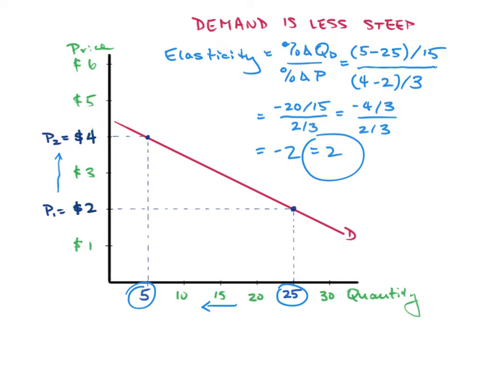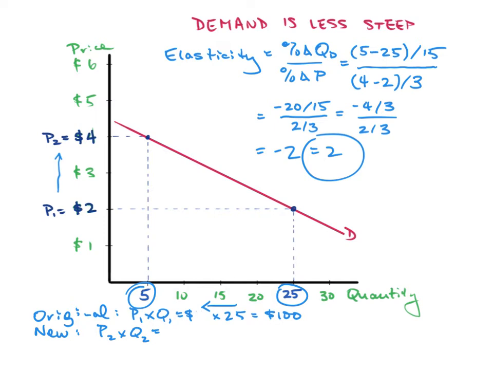So let me calculate original revenue. P1 times Q1, that's 4 times 25, $100 of revenue originally. The new revenue, P2 times Q2, I'm sorry, I made a mistake.